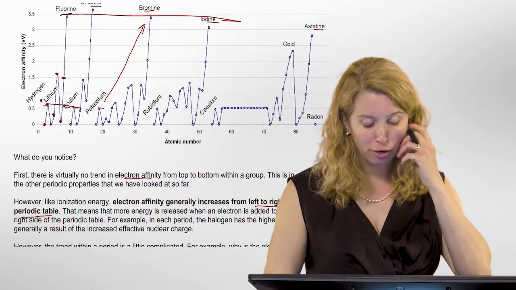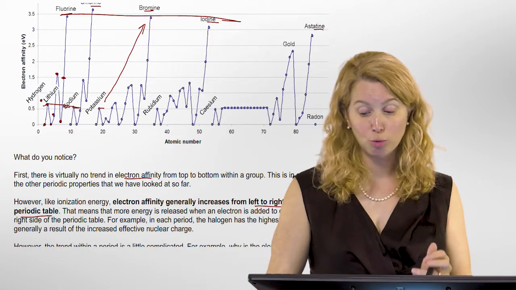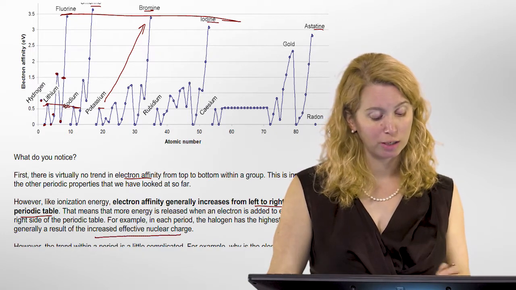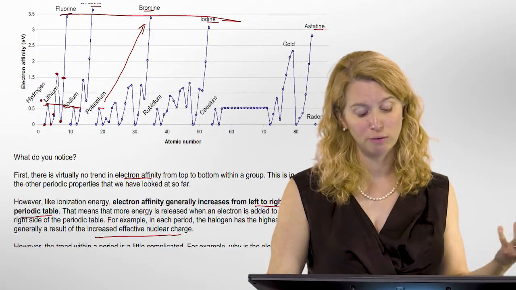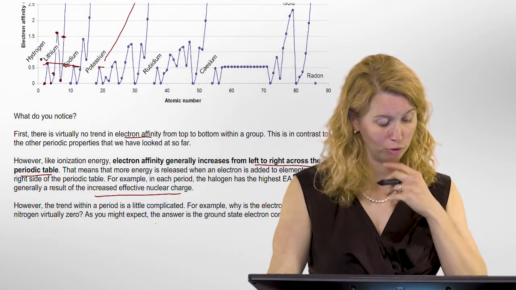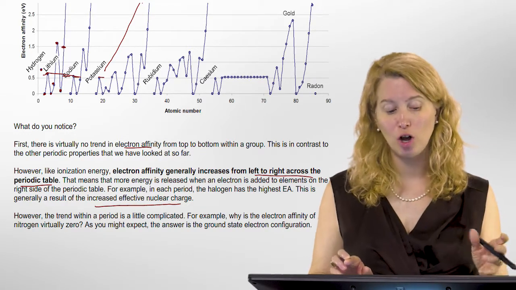So within each period, the halogen has the highest electron affinity, which we see. And this is actually a really easy argument. It's basically just a result of the increase in effective nuclear charge, the same as the increase that we see in ionization energies. But the trend within a period is relatively complicated, right?